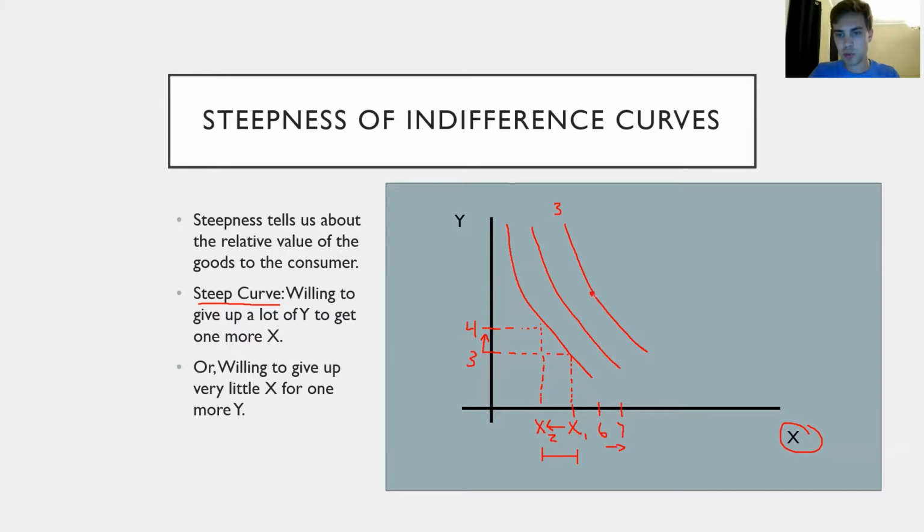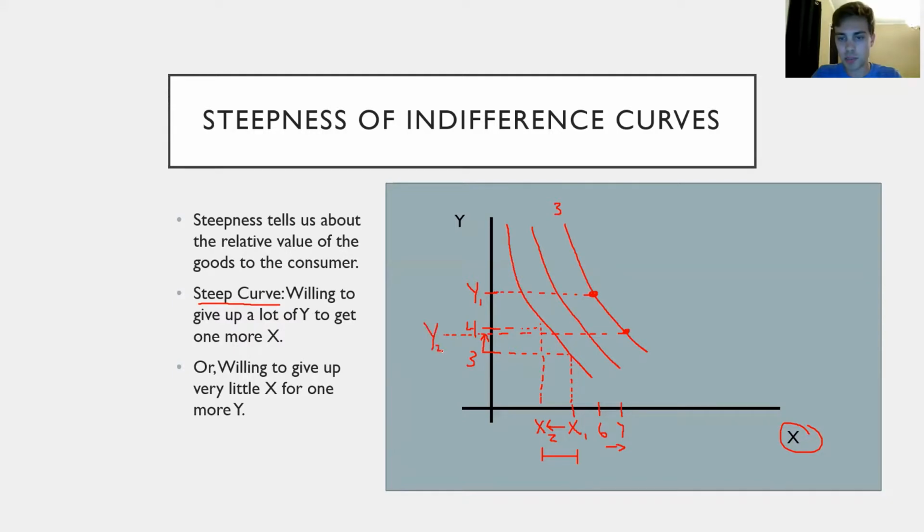So here's where we would be on the Y-axis if we have 6 units of X. Let's call this Y1. So this is where we'd start in terms of how much Y we had. So we have a bundle of 6X and Y1Y. In order to go from 6X to 7X, we have to move down to this point here, which I apologize is going to look a little messy.